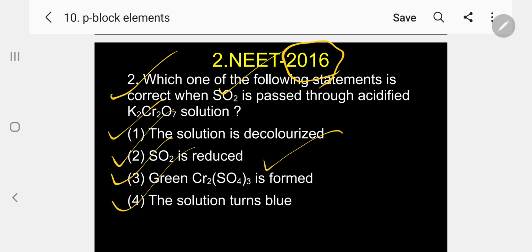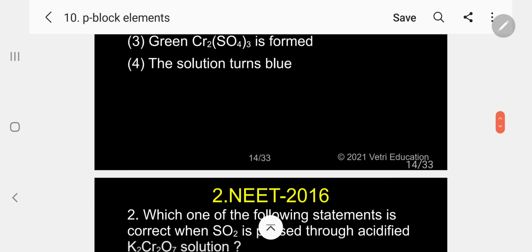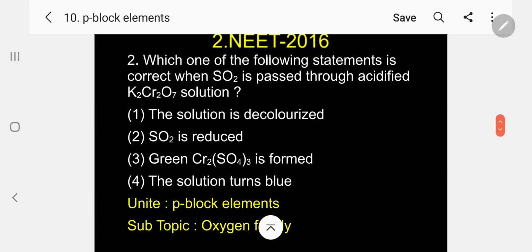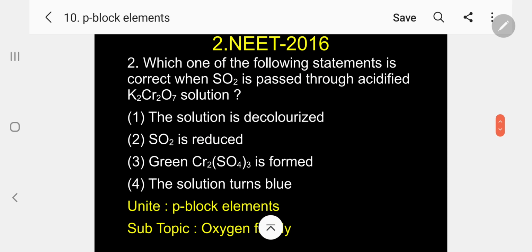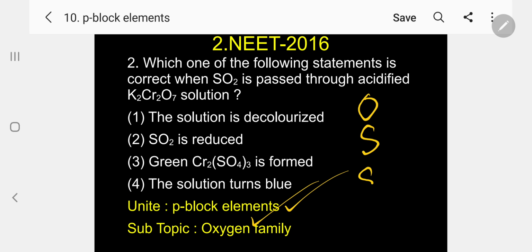These are the options. As usual, kindly follow which topic it is asked under. This question is asked under the unit P block elements, specifically under the oxygen family, because sulfur and oxygen are involved. The oxygen family: oxygen, sulfur, selenium, tellurium, polonium.